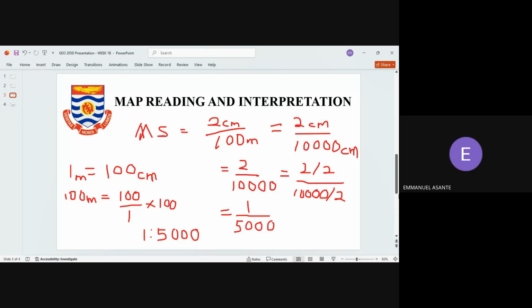Okay. So it would have been wrong if at this stage we had stopped and written our RF as 2 is to 10,000. In terms of the ratio, it's not wrong, but in terms of the RF scale definition, the top cannot but remain as only 1.